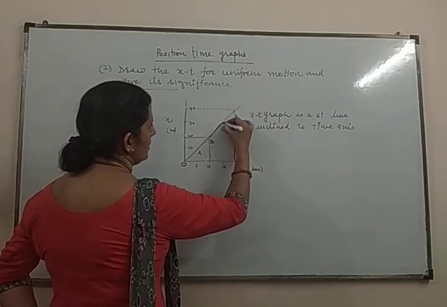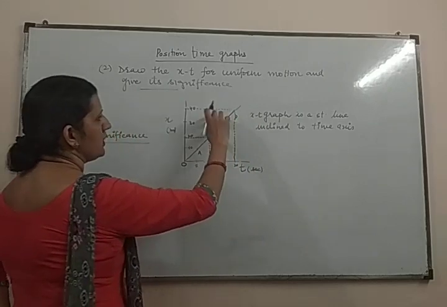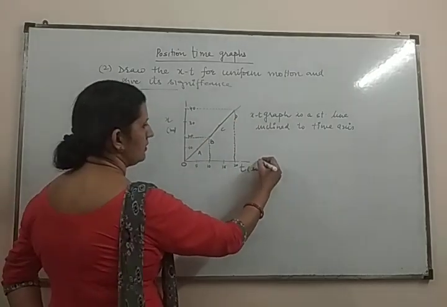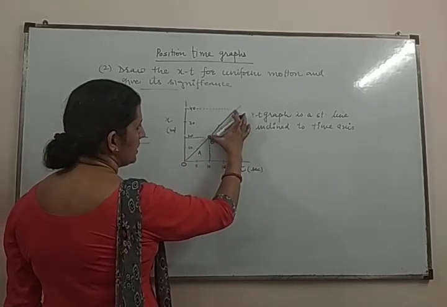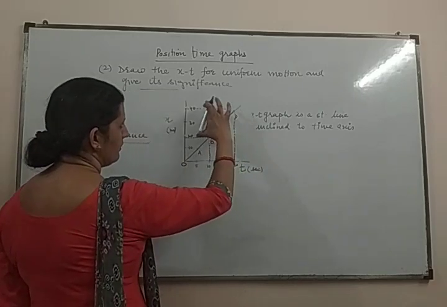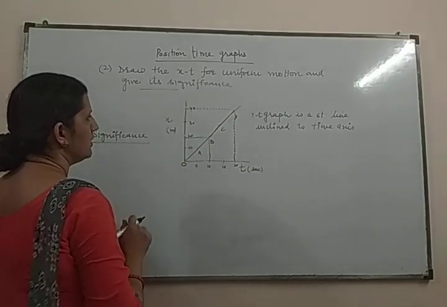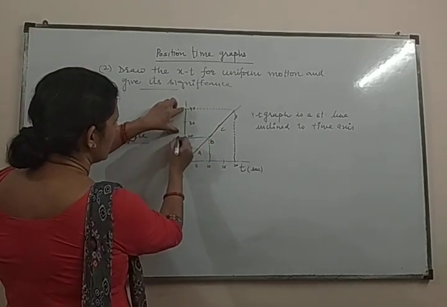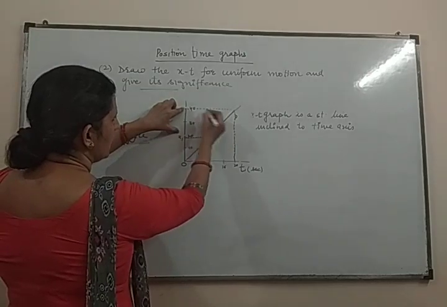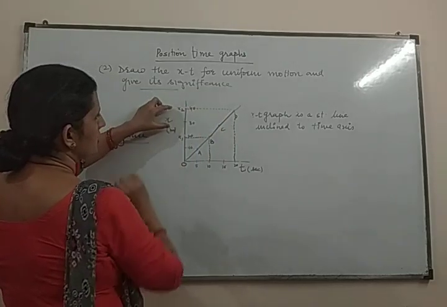this line BD is inclined, this is in the XY plane. This BD line is having the value on y-axis at these 2 points. This B point you can write it as x1 and D point you can write it as x2.